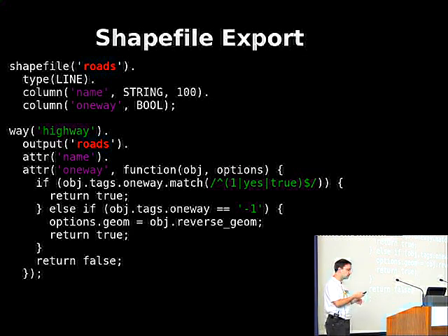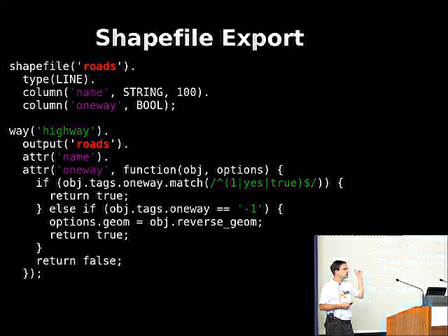You can call a JavaScript function, which in this case looks at the one-way. If it's one, yes, true, the one-way goes into the right direction. It just writes it into the shapefile. If it goes into the other direction, if it is tagged as -1, it turns the geometry around. This is what this does, and exports it into the shapefile.